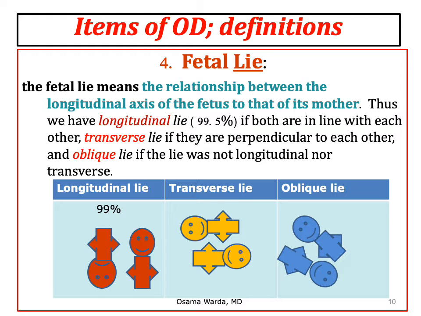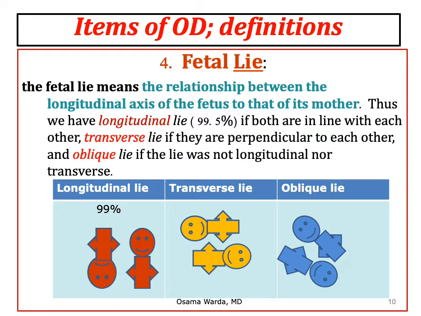If the long axis of the fetus is perpendicular to that of its mother, it is a transverse lie. If the long axis of the fetus is in between, not perpendicular and not parallel, it is an oblique lie. These are the three possibilities of the fetal lie.